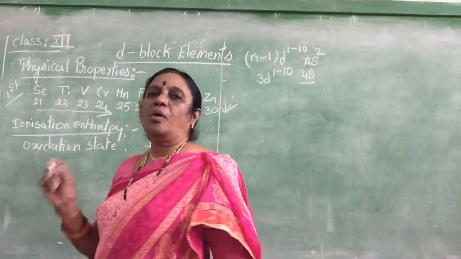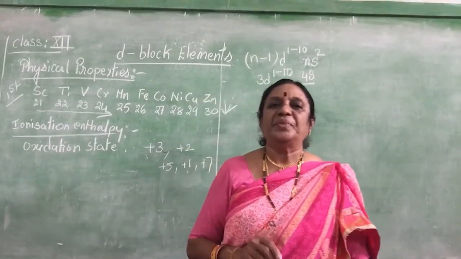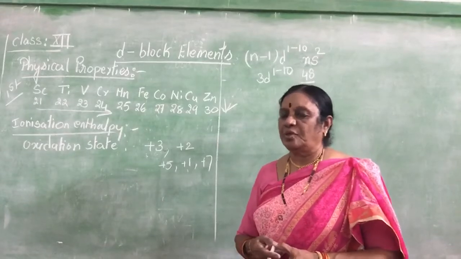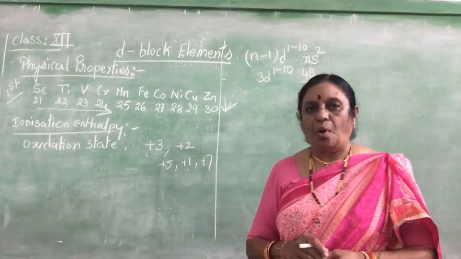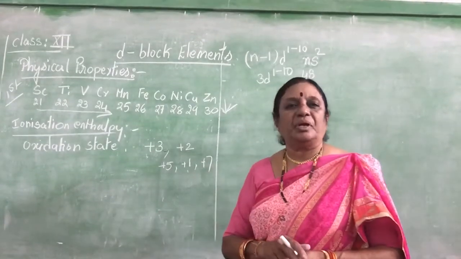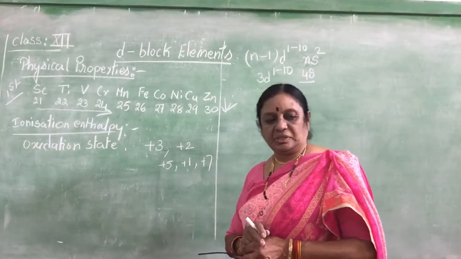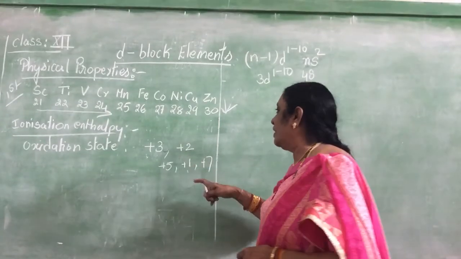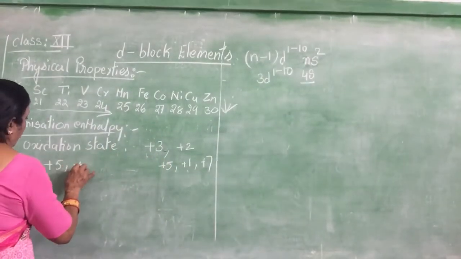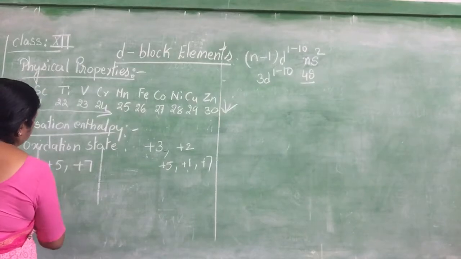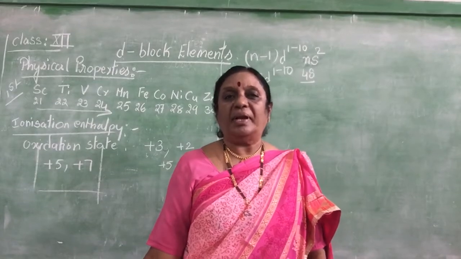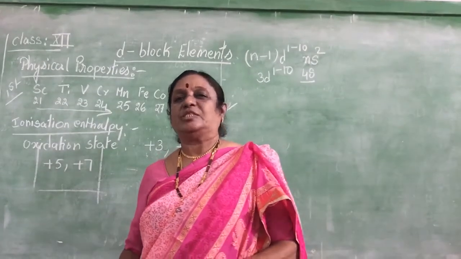Now, the lower oxidation state is due to the involvement of the electrons of the s subshell, that is due to the formation of the ionic bond. And the higher oxidation states +5, +7 are due to the formation of covalent bonds. Clear children? The higher oxidation state +7 manganese will show, and +5, +7 is due to the formation of covalent compounds. Sharing of electrons takes place.